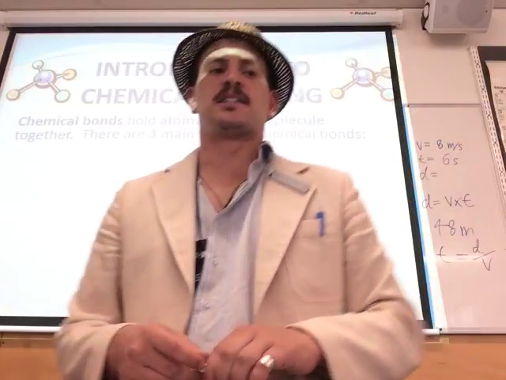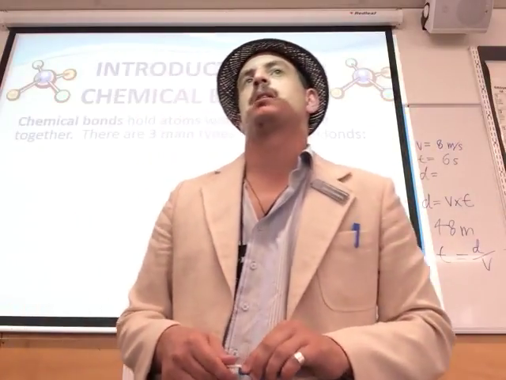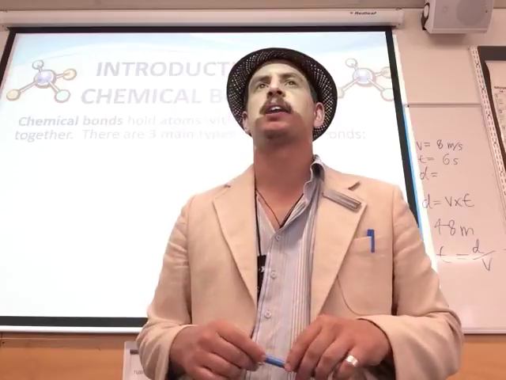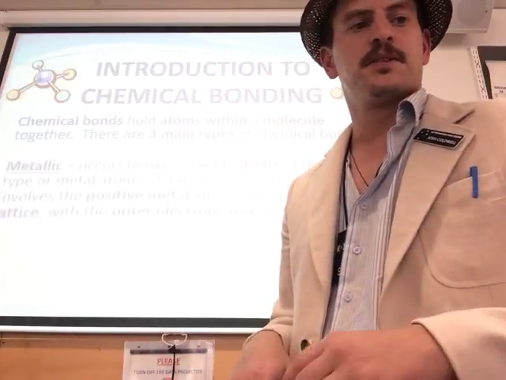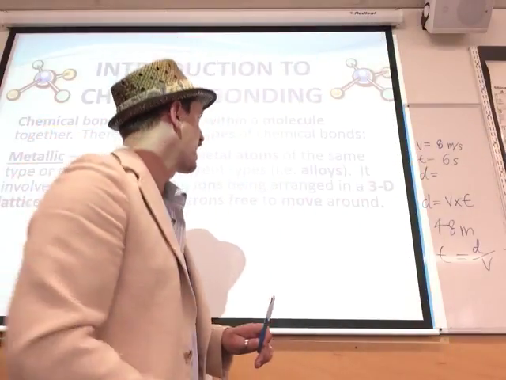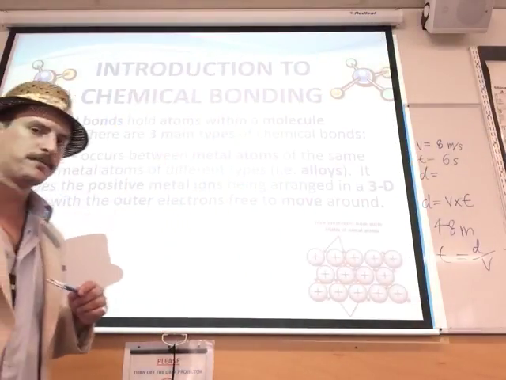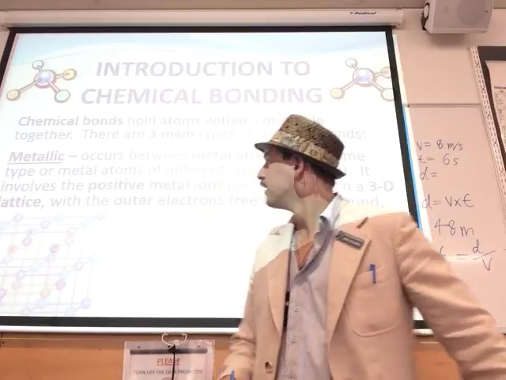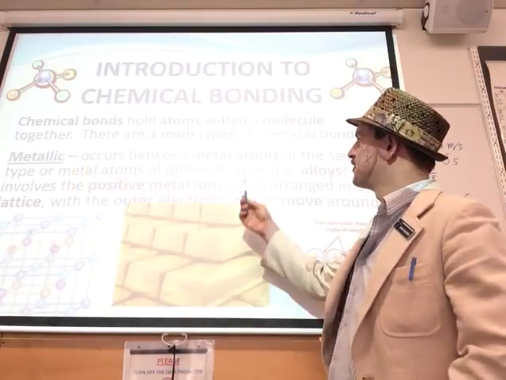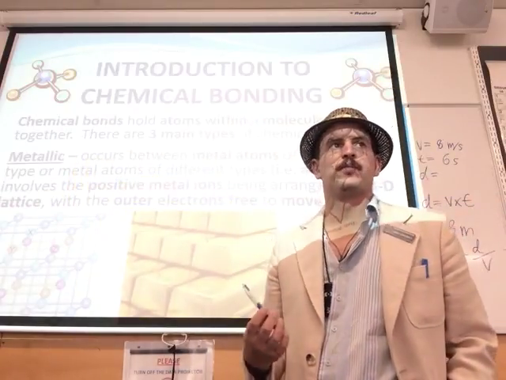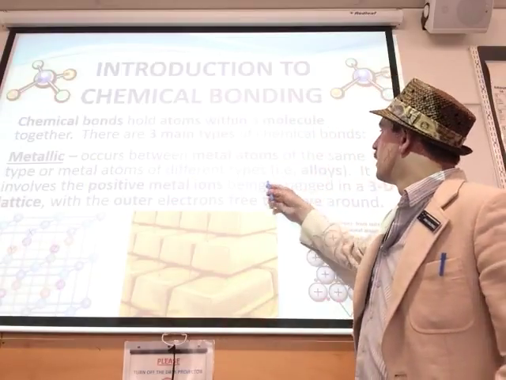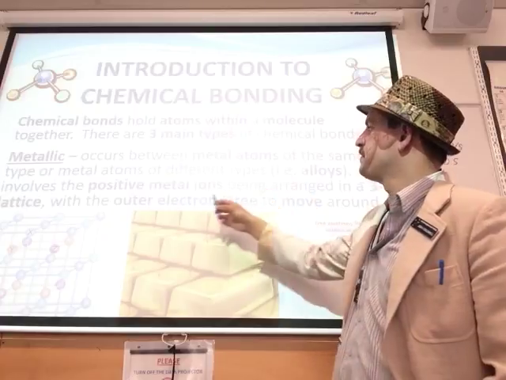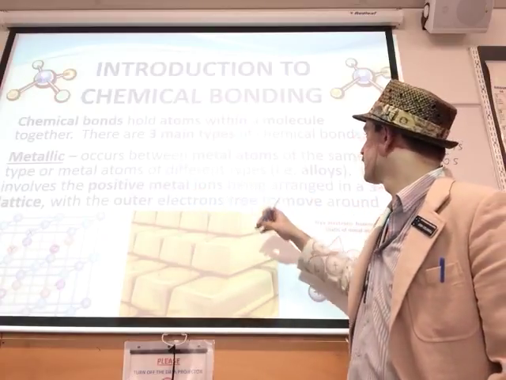We're going to examine 3 different types of chemical bonds, and the third type has 2 subcategories. The first we'll look at is metallic. Metallic occurs obviously between the metals, and only between the metals, metal atoms of the same type or metal atoms of different types.